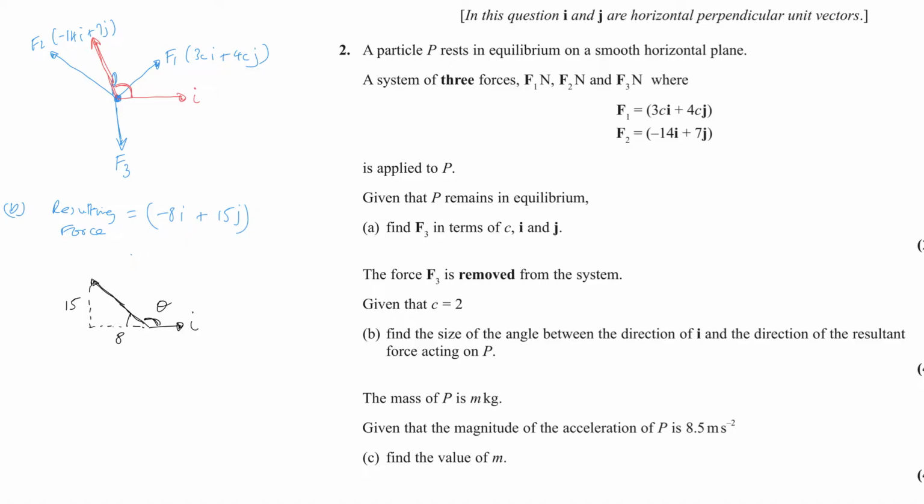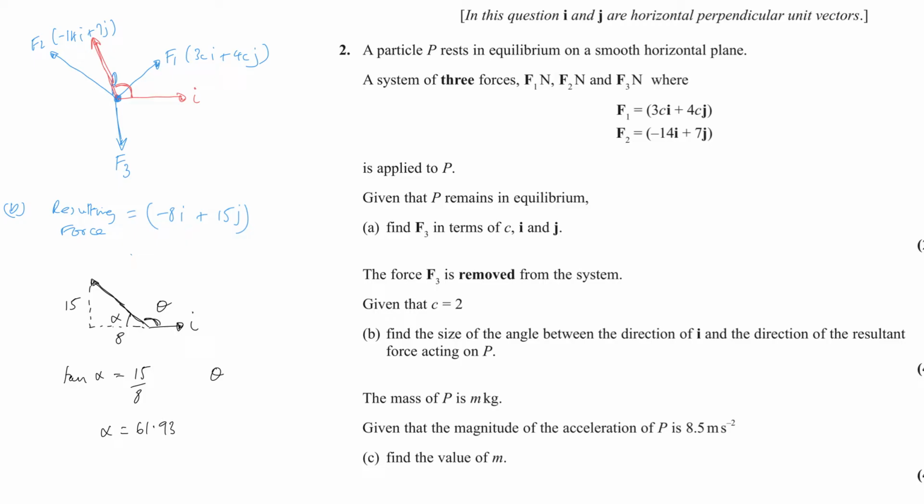So how I would do this would be to find alpha first. So tan alpha equals opposite over adjacent. So that's 15 over 8, shift tan. So alpha equals 61.93.